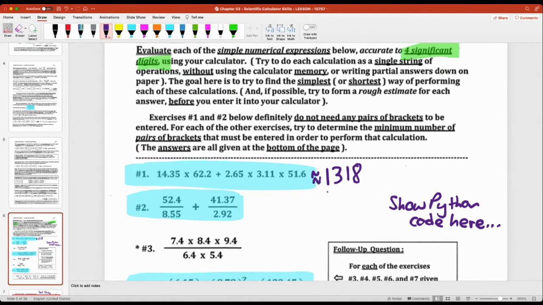Anybody have number 2 in the chat? Is number 1 a... Oh, it's plus.